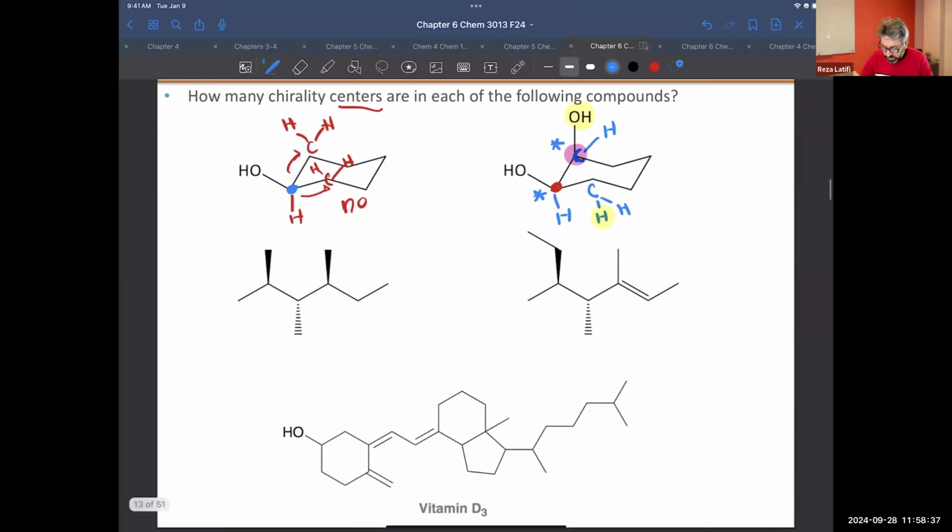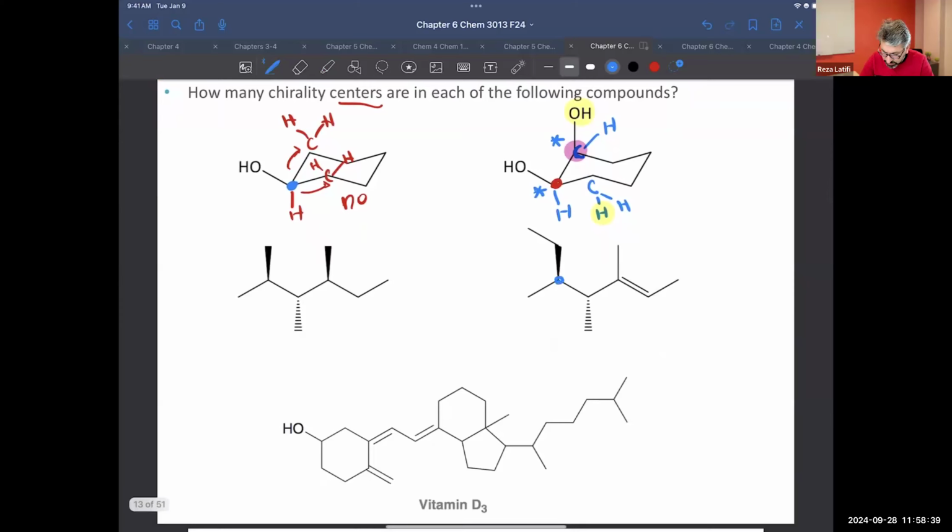What else? Let's check this. We see ethyl, methyl, the entire rest of this substituent, and the last one is going to be hydrogen. So do we have a stereocenter? Yes, we do, so let's show it by a dot. Another one.